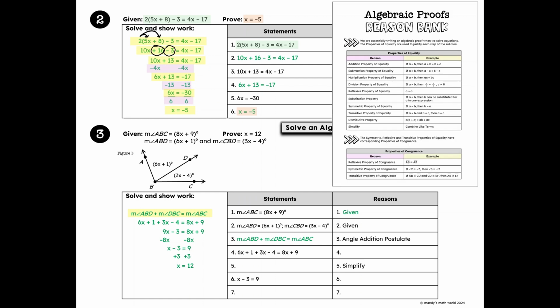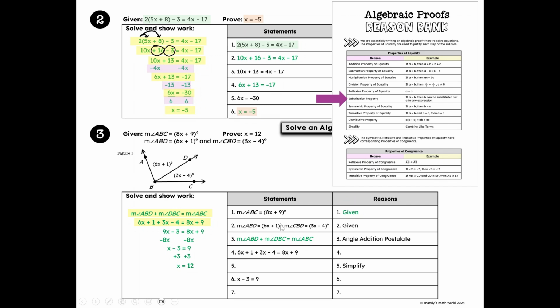What did I do in the next step to get 6x plus 1 plus 3x minus 4 equals 8x plus 9? What did I do to get there? I used the substitution property, right? We were given that the measure of angle ABD right here is 6x plus 1.